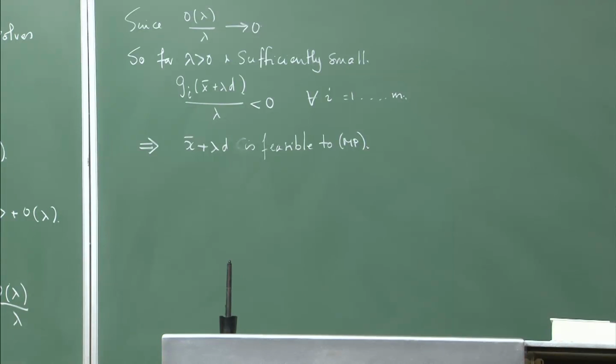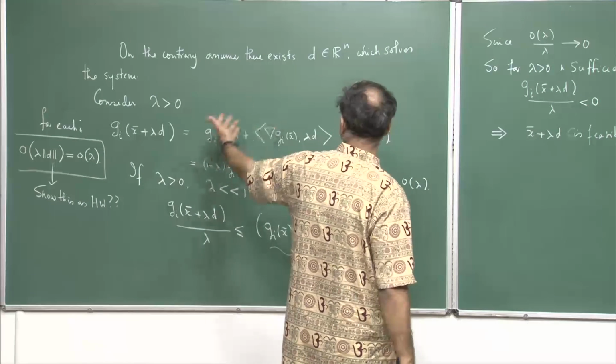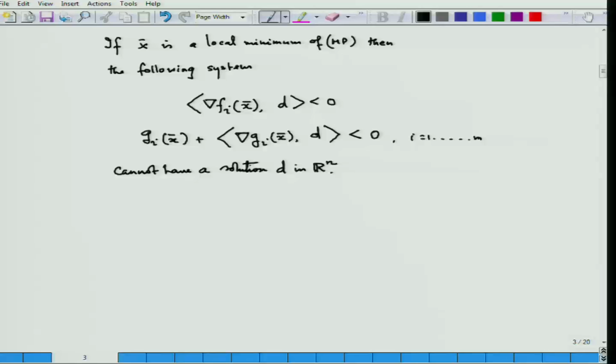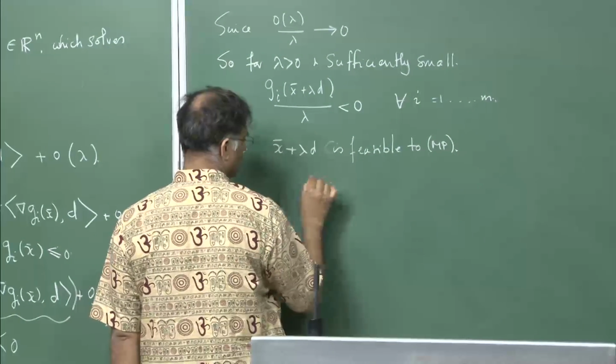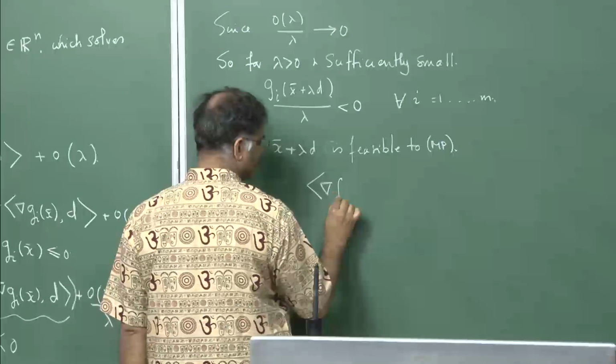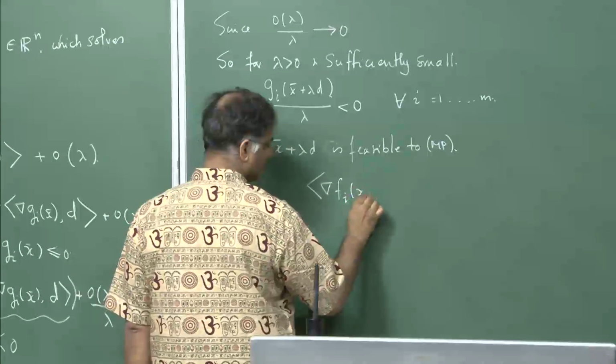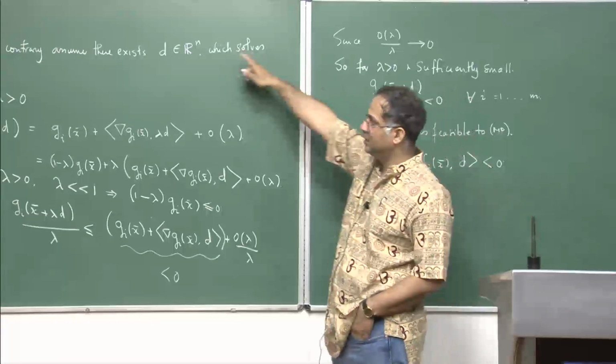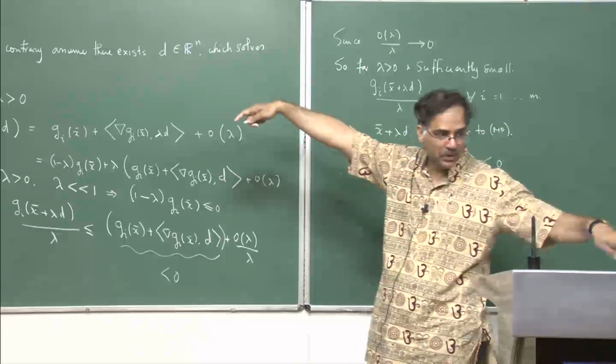Now, once I know this, then let me go to the first part of the thing. The first part is, so d, because it is a solution, also solves this. So, which means now I can write, because d is an element which is solving this system.